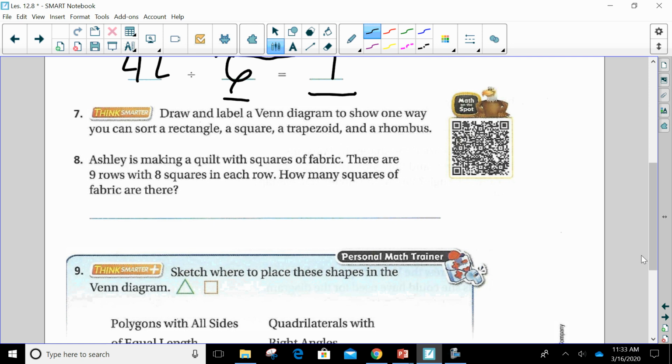How about polygons? Well, we're going to skip that one because I really don't have room for it. We can go look at the math on the spot if you want to. I don't have room to draw that and to show everything.